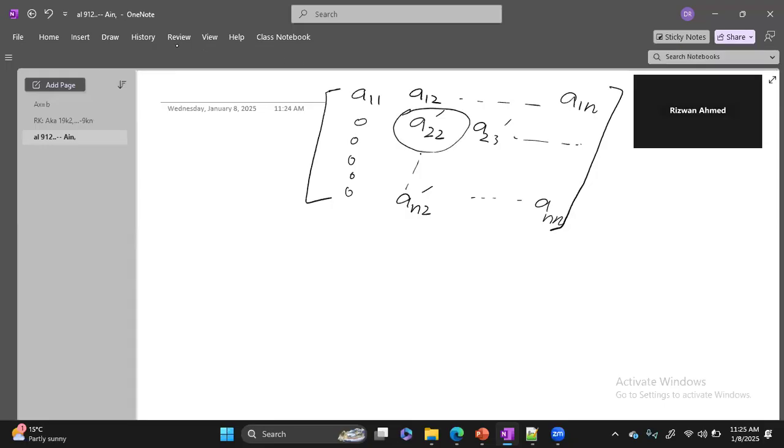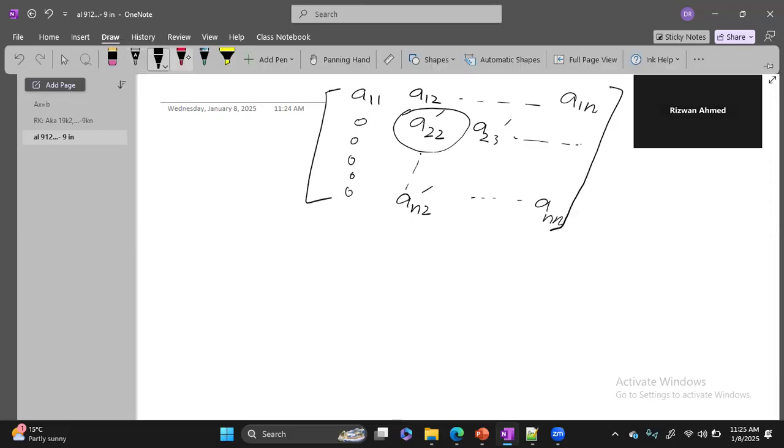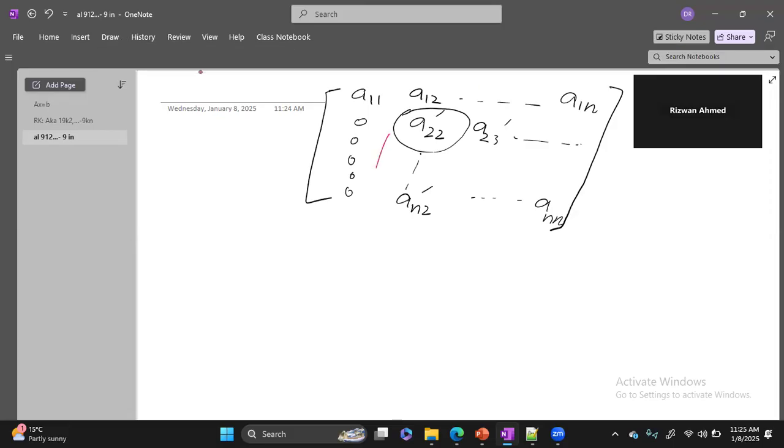Below this second pivot entry, we have to bring zeros. So this is the task. Now, the multiplier will be defined with the help of this diagonal entry, and our objective is to bring zeros below this one, right? So again, if I consider the operation on the kth row, the operation will be Rk minus the multiplier.